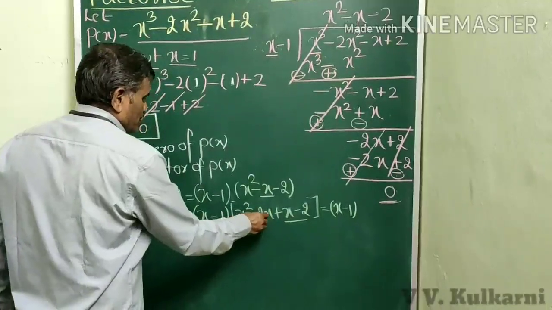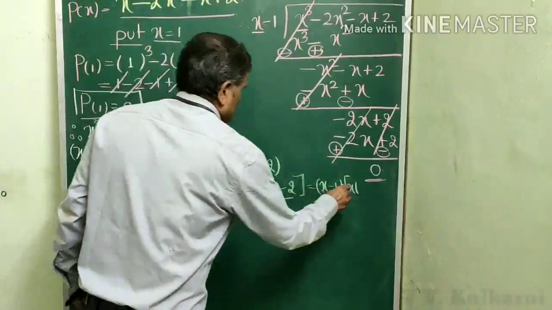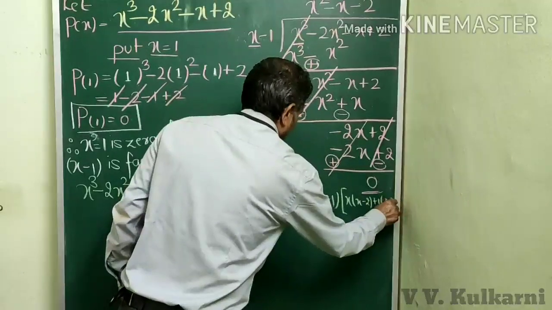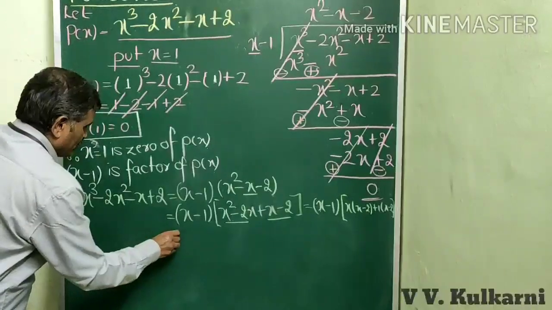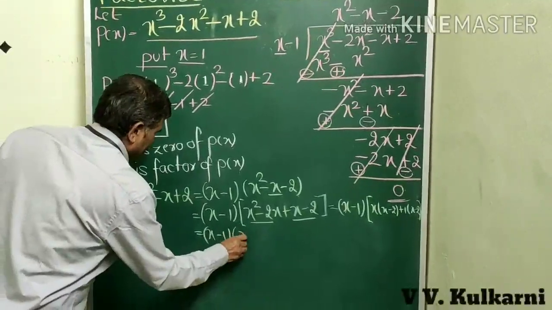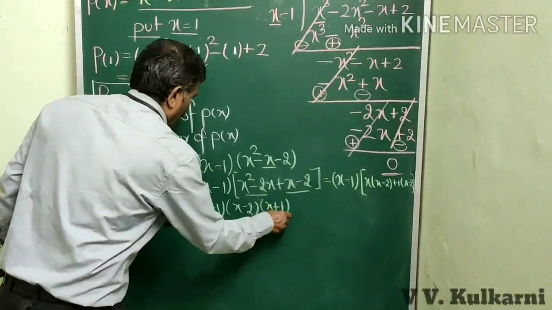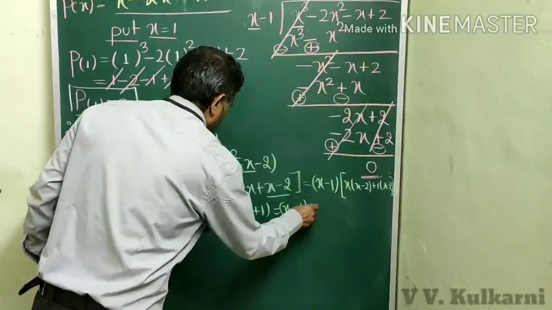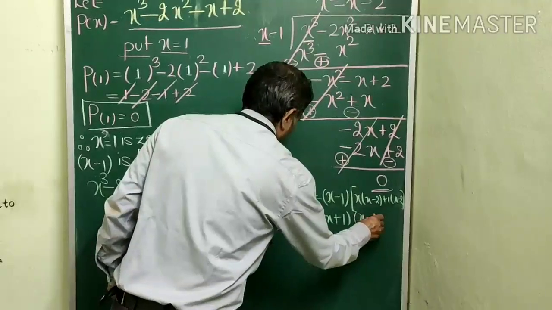Here if I take x common, I get x into bracket x minus 2. Again I'll take plus 1 common, x minus 2. So finally what I get is x minus 1 into x minus 2 into x plus 1. Or even I can write like this, x minus 1 into x plus 1 into x minus 2.